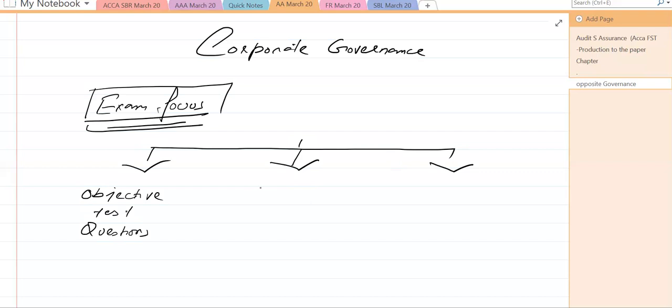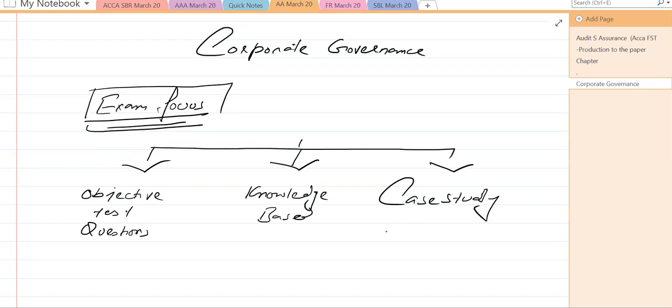The second is the knowledge based, that means a straightforward question. For example, they ask you regarding the nomination committee, the remuneration committee, or something regarding the NEDs, etc. And the third and the main question is the case study, which has been tested many times.